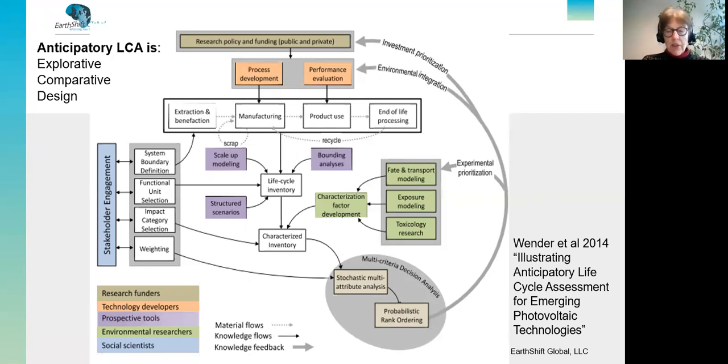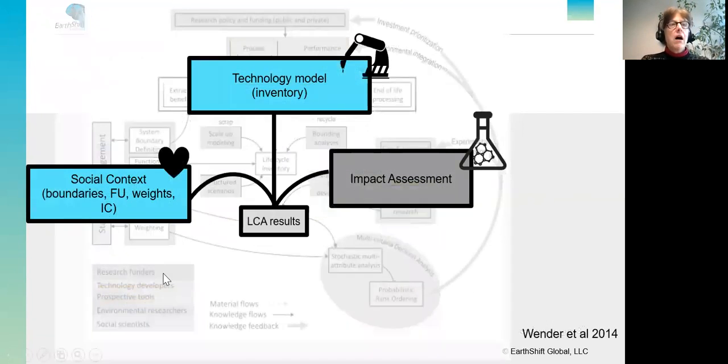If we look at this and then move to the more simplified model that Valentina provided, we're going to be focusing on that technology model and the social context today, as these are the things that you can pretty much apply right now if you're developing new technology.